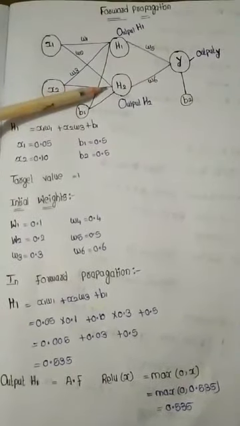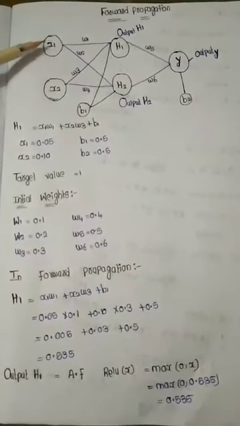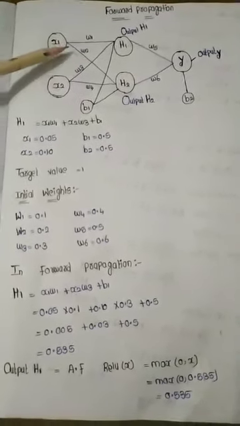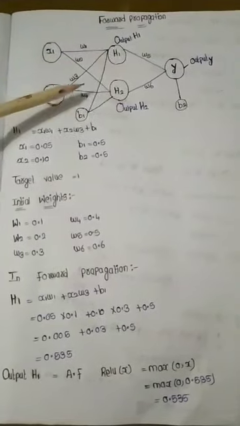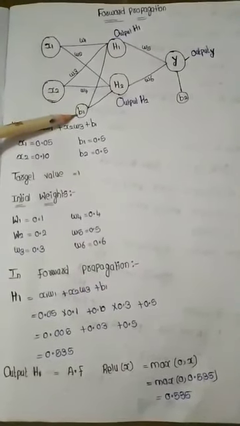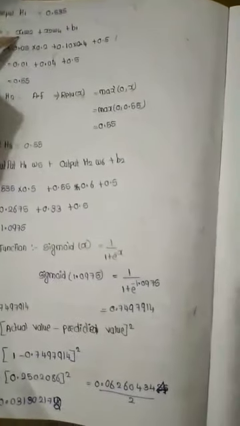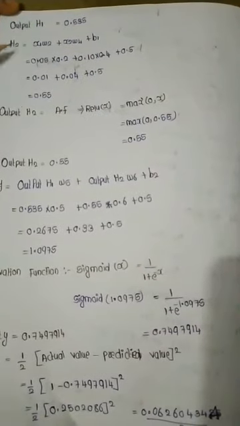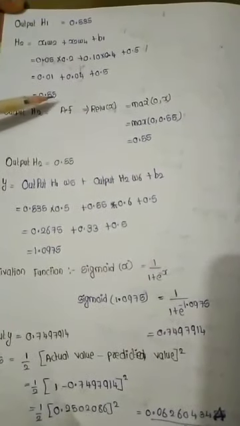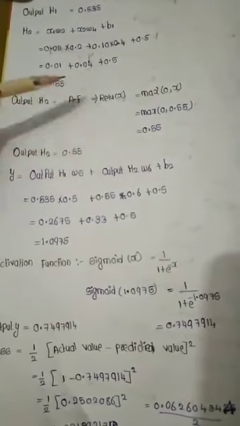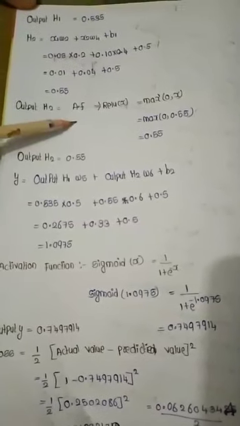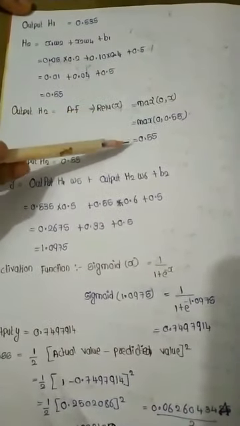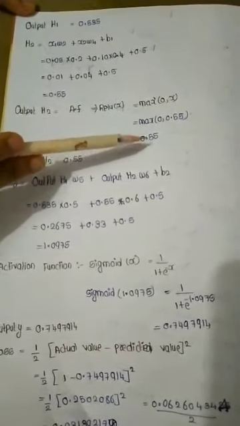Similarly, we find the value of h2 with inputs x1 and x2 with weights w2 and w4 and with bias b1. The equation becomes x1 w2 plus x2 w4 plus b1 and we get 0.55, and we next apply the ReLU activation function and get the output as 0.55.